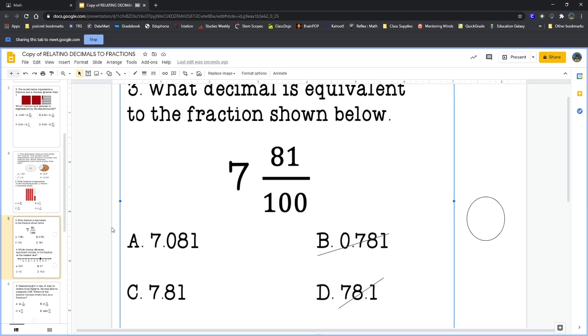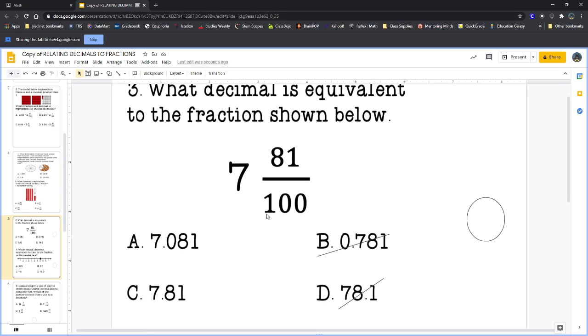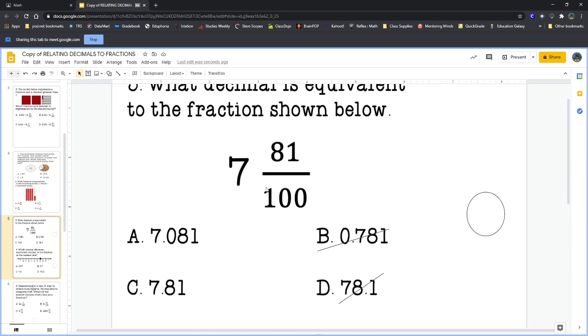I'm down to 2 answer choices, A and C. They're the only ones that have 7s in front of the decimal. Now I need to look a little closer at this fraction. I know the 7's there. 7 and 81 out of 100. Yes, Jadine?